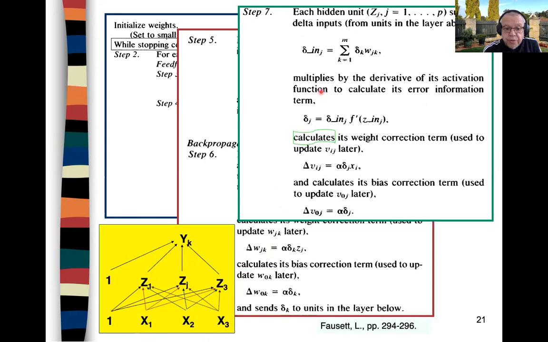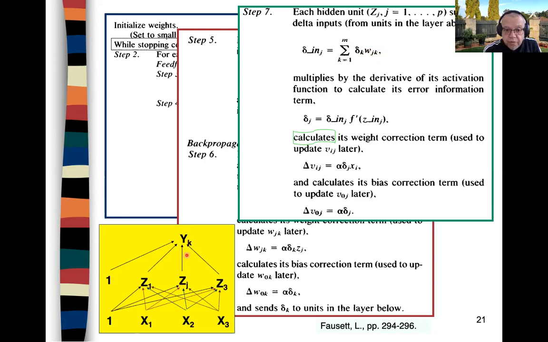Now each hidden unit, Zj, 1 to P, P of them, sums its delta inputs from units in the layer above. So for this node here, Zj, the delta_inj is equal to the sum of the delta times the WJK.